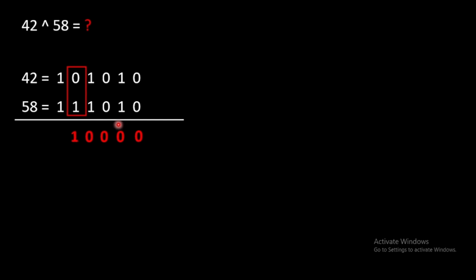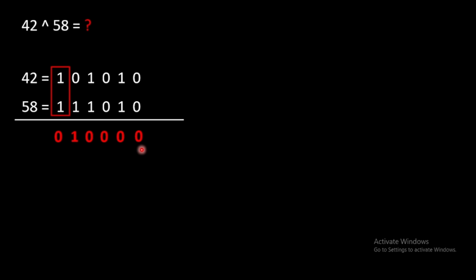again. Now here you can see that this pair of bits is dissimilar, so our output will be 1. Now when we reach our rightmost pair of bits, we can see that the bits are the same, so our output will be 0. So if we take 42 and 58 and calculate their XOR, we will get this kind of output in binary.